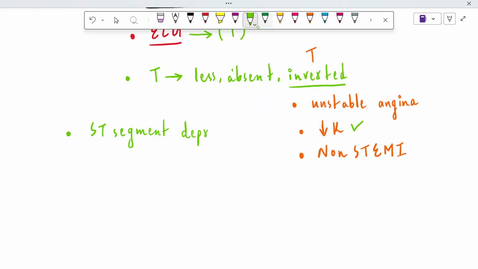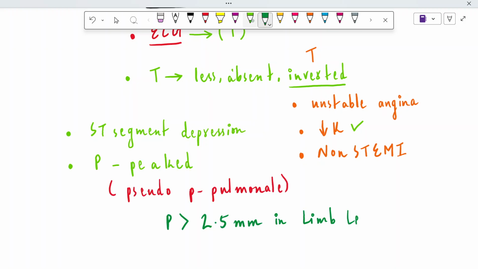We will discuss that. If the height of the P wave is more than 2.5 millimeters in limb leads, in the absence of pulmonary artery hypertension, then we can say that this peaked P wave is due to hypokalemia.